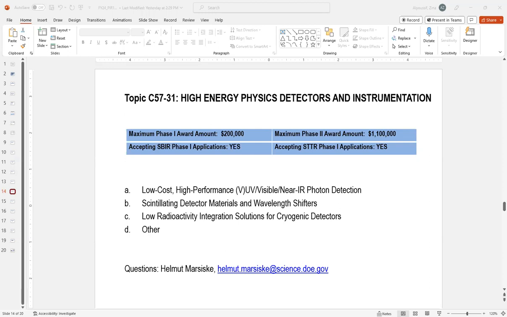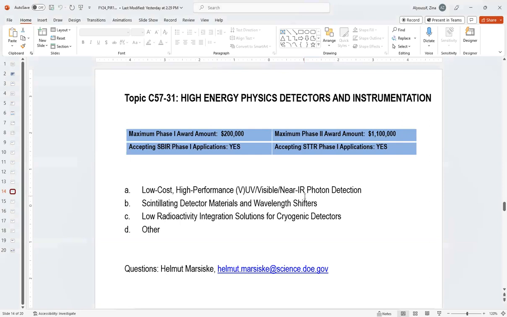Now we're looking for photodetectors that operate in particular wavelength regions, that are fast, radiation hard, can be put into magnetic fields, and of course have high quantum efficiency.